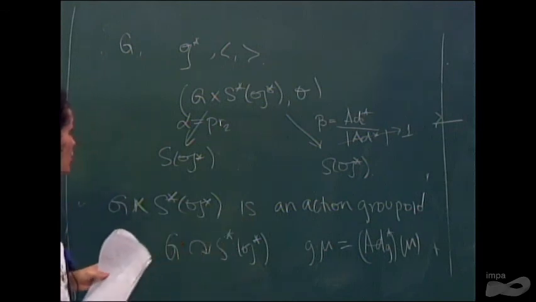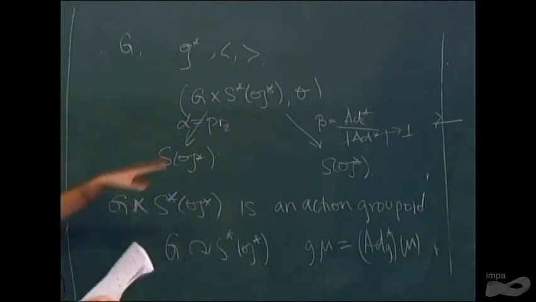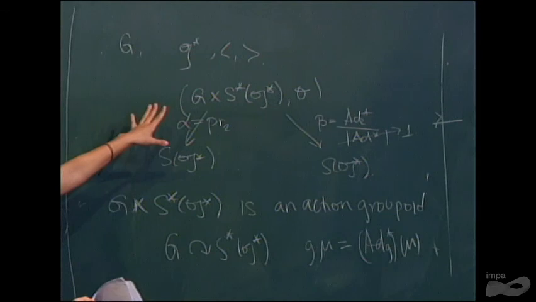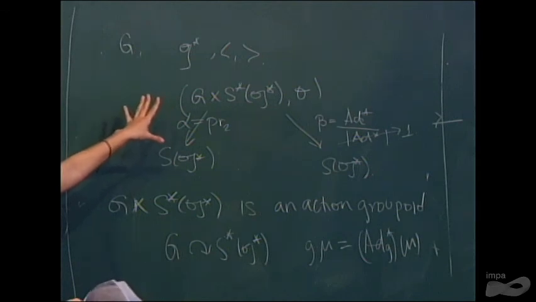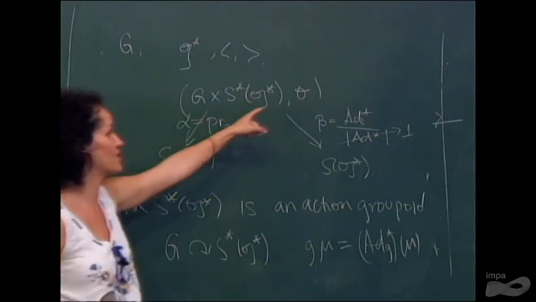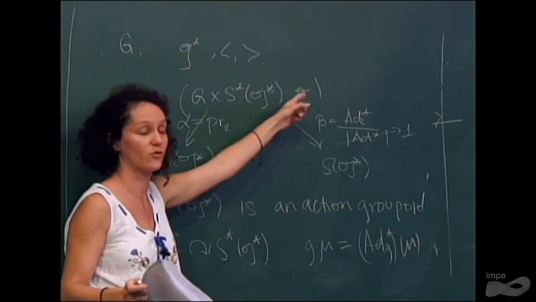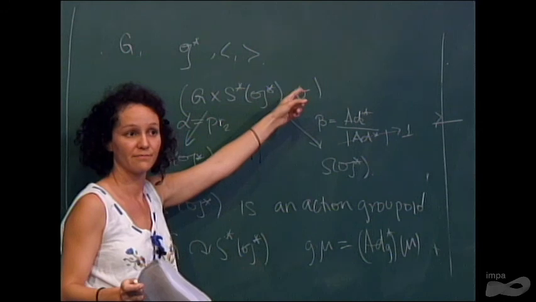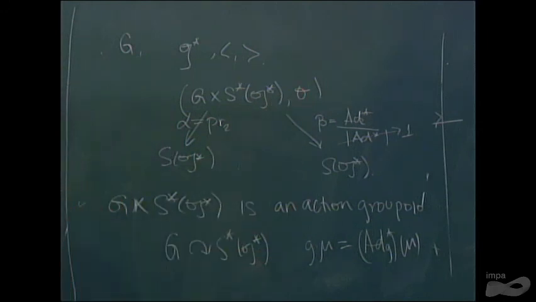So you get for free that this is a full contact dual pair, because in this case it is a contact groupoid. You can check that this form is multiplicative as well. Okay, that's all that I wanted to say.